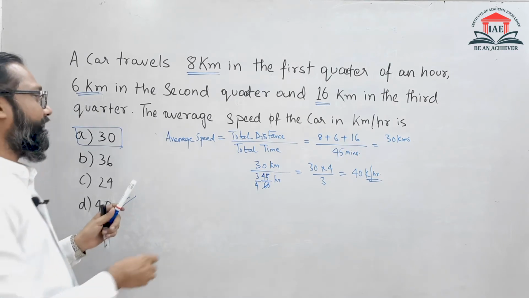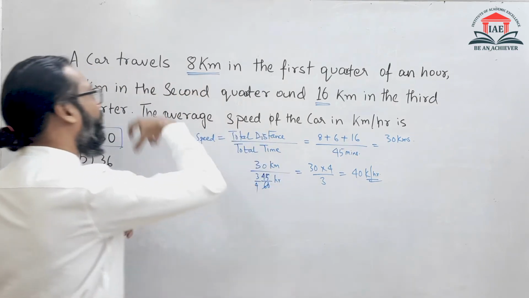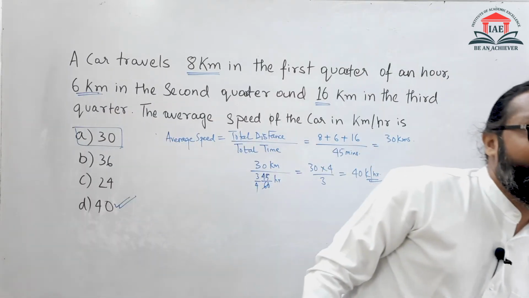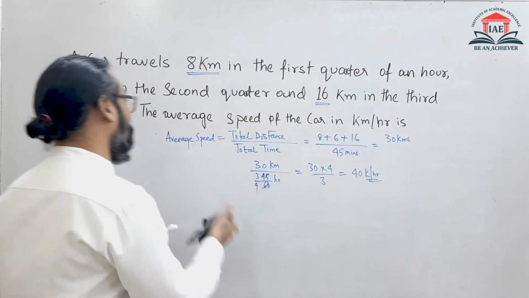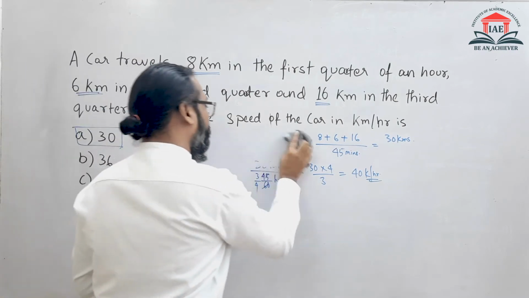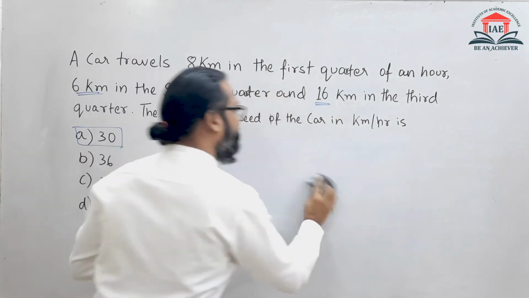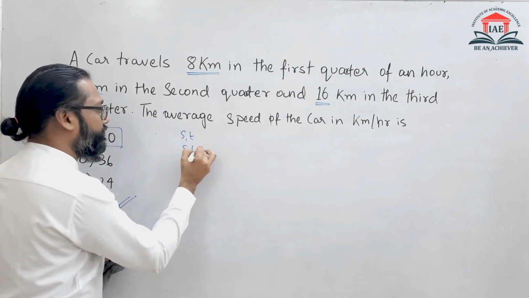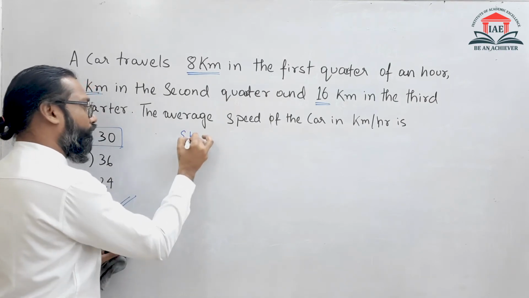Now again, can we solve this question without actually using pen and paper? I think we can, and let's see how. What data is given to us? Data given to us is S1T, S2T, S3T. What do we mean by this?